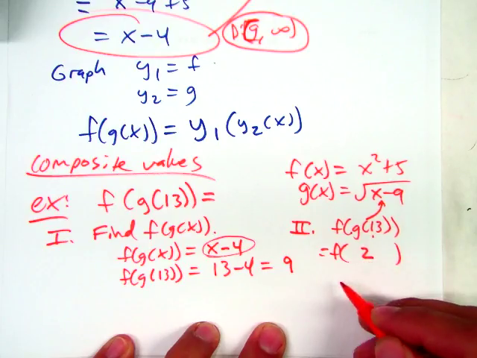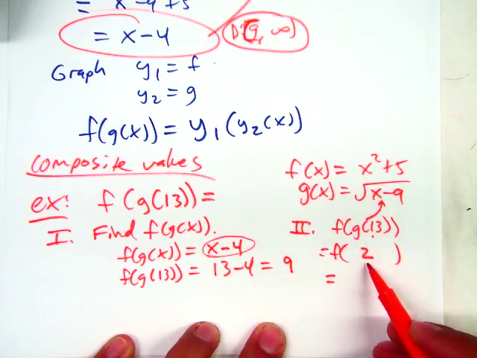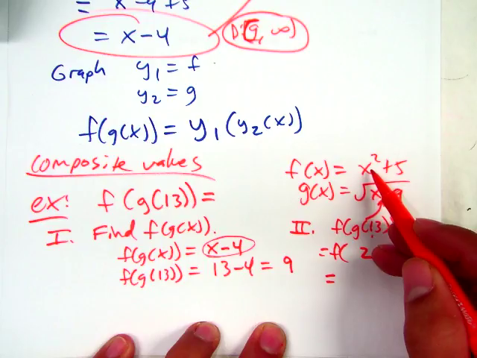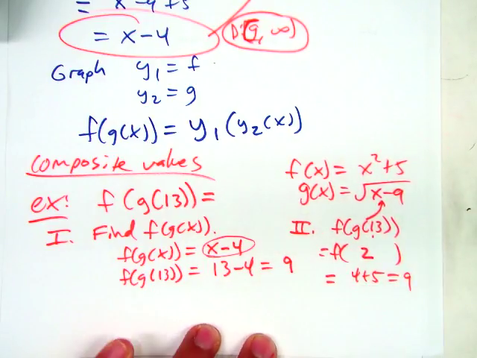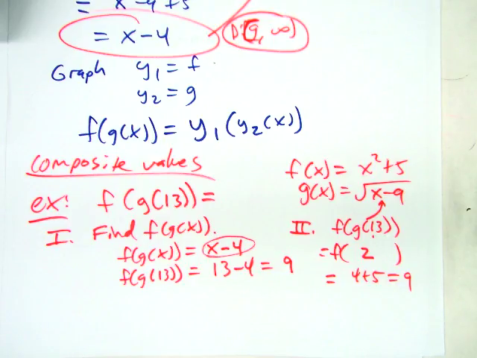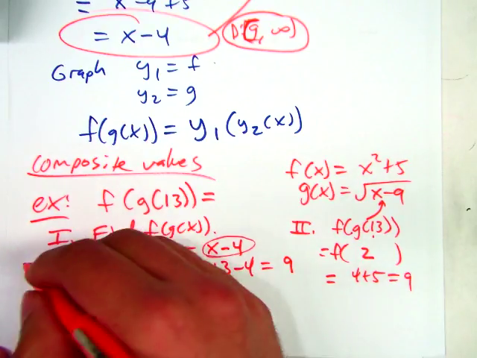Can we find f of 2? 4 plus 5? It's 9. So either way you do it, you still get the same answer. It is. It's really just, this is all just substitution and simplifying. Okay?